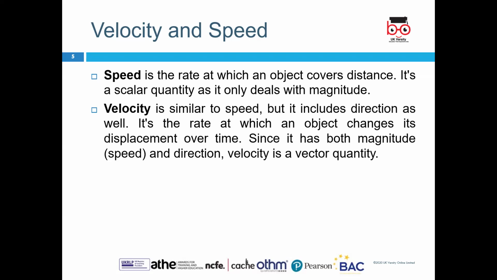Velocity is similar to speed, but it has magnitude as well as direction, whereas speed only has magnitude. Velocity refers to the rate at which an object changes its displacement over time. Since it has both magnitude and direction, velocity is a vector quantity.